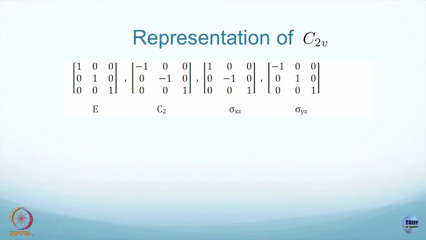For C2V you can write a multiplication table. The same multiplication table will be satisfied by the matrices, right.